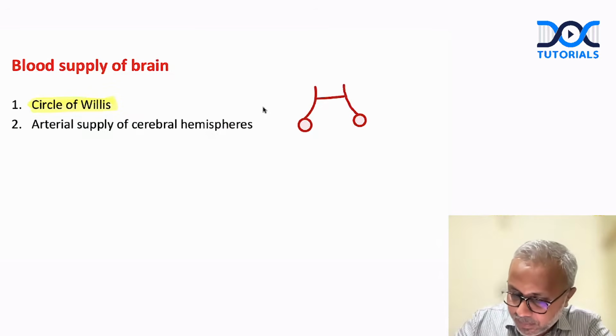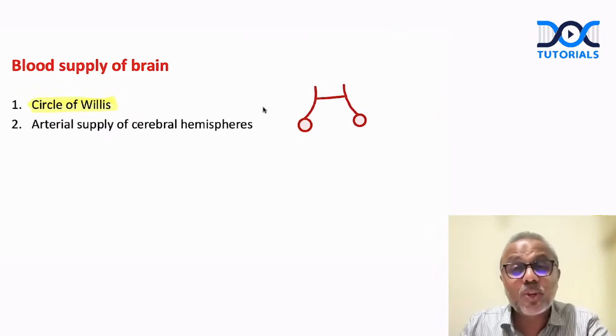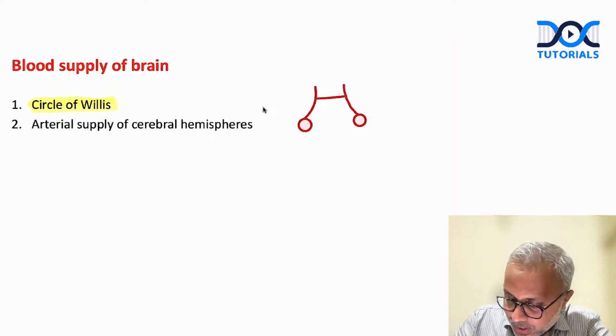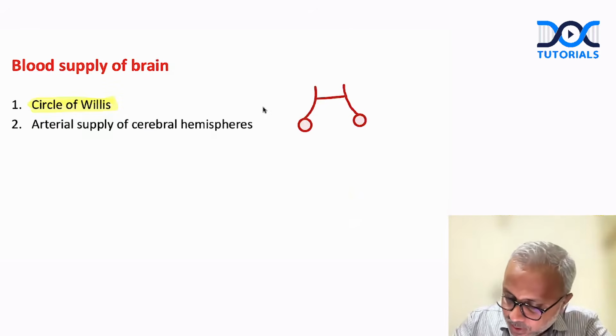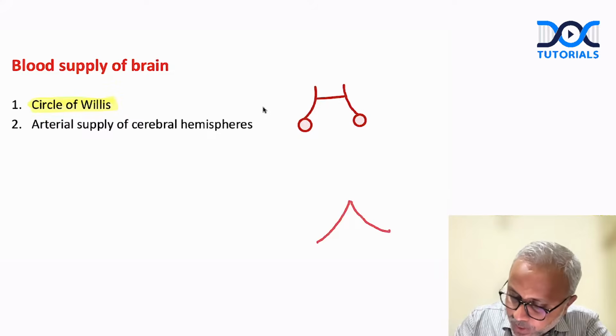Then posteriorly, let's take a different color, we have the vertebral arteries. Let's imagine we have the two vertebral arteries which unite to form the basilar artery.